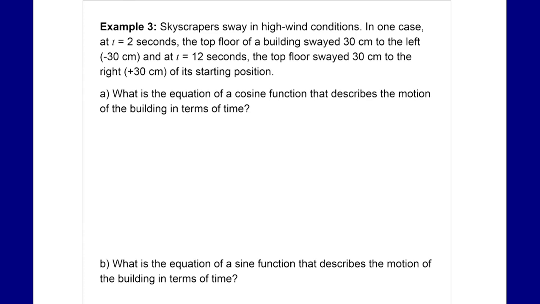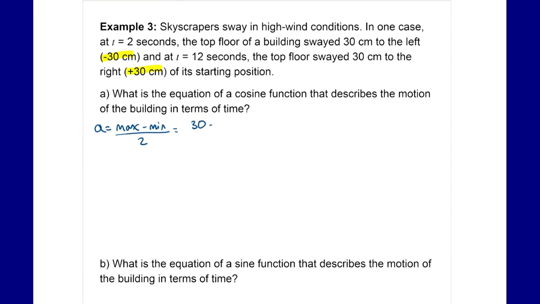So this is very similar to the last one, right? We do have our maximum and minimum values. So 30 centimeters to the left, or negative 30 and plus 30. And then we have the times that it occurs at. So start with A. So A equals our max minus min divided by 2, and positive 30 is most likely going to be our maximum.